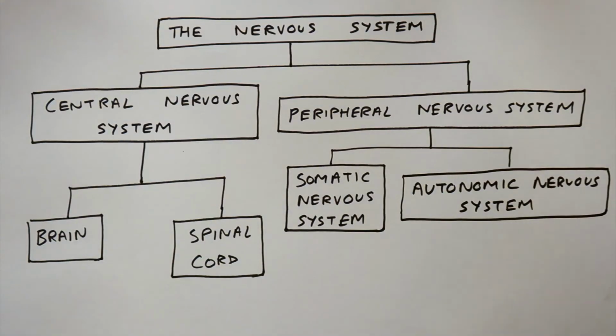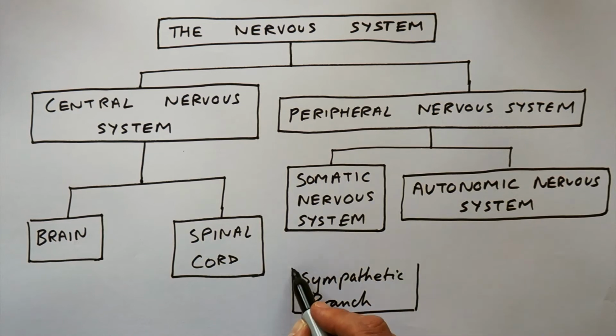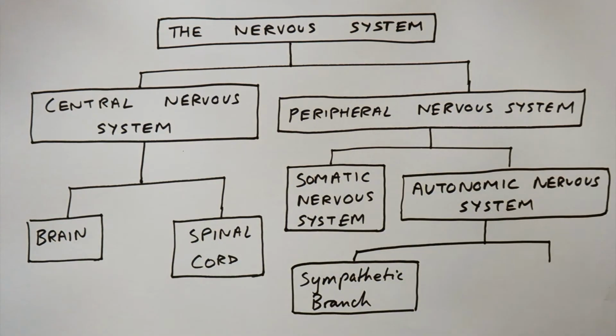The sympathetic branch of the autonomic nervous system prepares the body for physical activity. It activates the adrenal gland to release adrenaline into the bloodstream, and this speeds up our breathing to get more oxygen into the bloodstream.